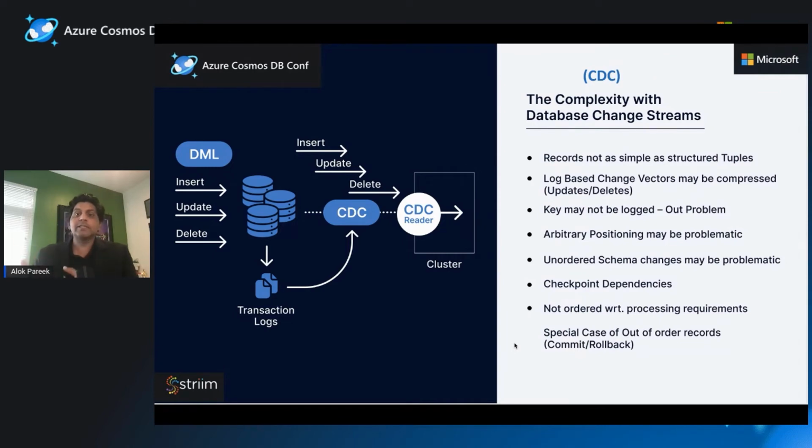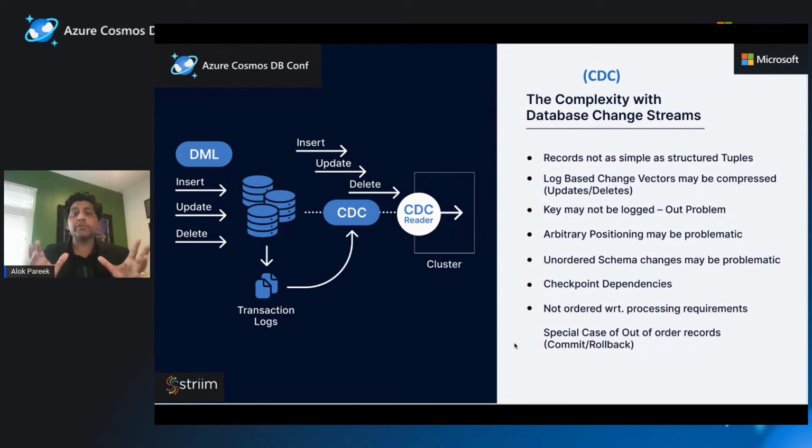These are the things that you need to pay attention to. If there are failures along the way, then what are the event guarantees in the change data stream? Am I able to pick up things from where I left off, or do I have to worry about writing the logic to figure out where things are? So these are, again, some of the complexities that come in as you're trying to handle the change data records.